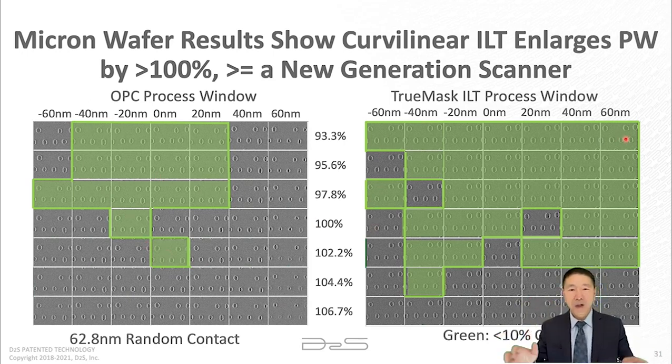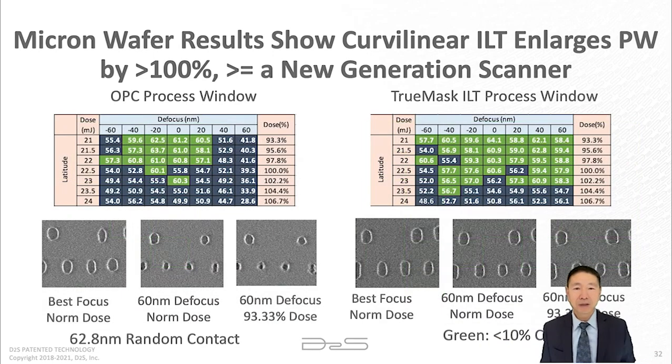As you can tell, the green box using ILT is pretty much more than double what OPC got. And here are the CD measurements, and also we show 3 pictures: at the nominal condition, at 60 nanometer defocus, and at 60 nanometer defocus with a 93% dose. And clearly you see ILT printed much better than OPC.